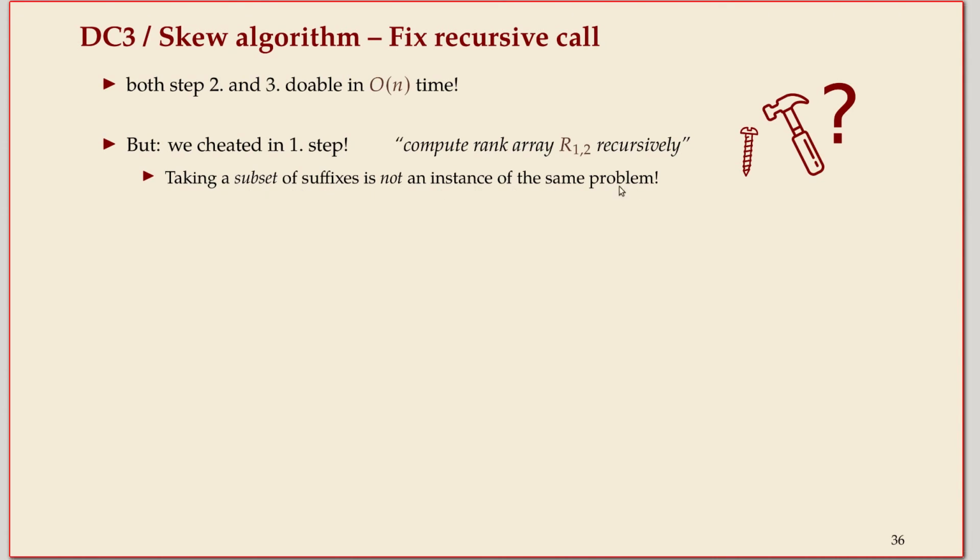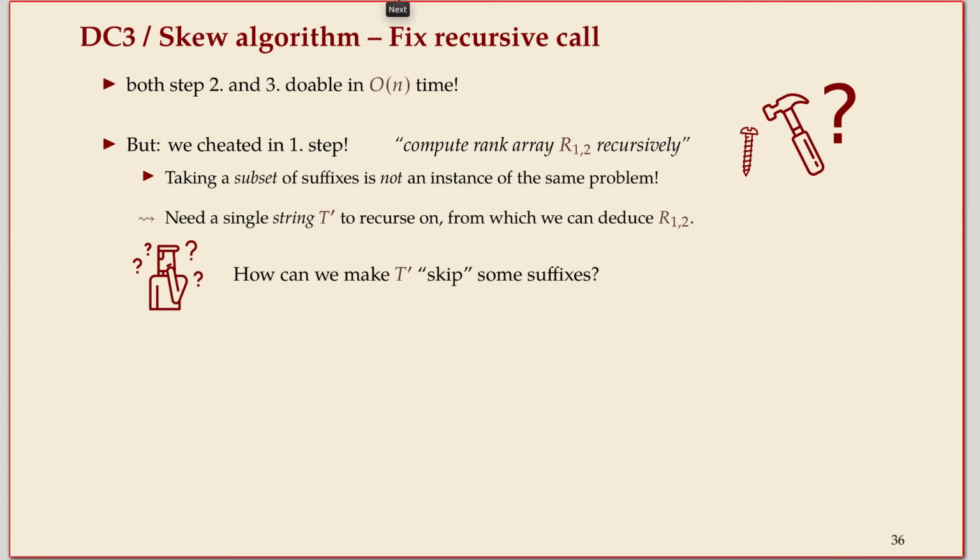What we need for a recursive call is a single string that we compute the suffix array for, or the rank array, say. But what we're asking here is just a subset of the suffixes, just some of the indices, and not all. That doesn't work. We can't really recurse in that sense.